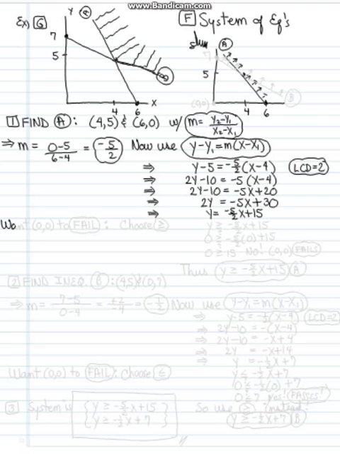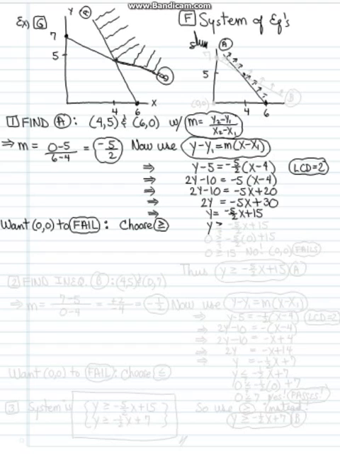Now we want the test point 0, 0 to fail, because it lives on the side opposite the shading in the sketch. We can choose any direction. In this case, we choose greater than or equal to and see if it fails.